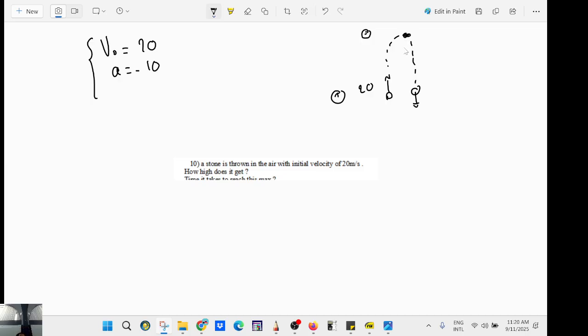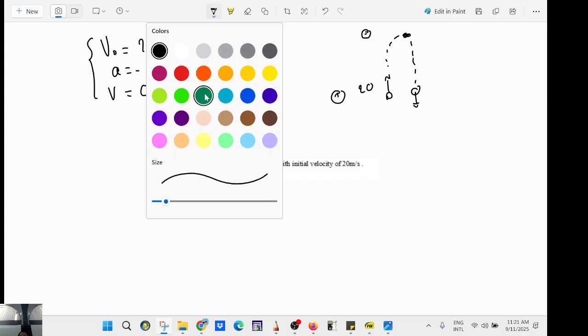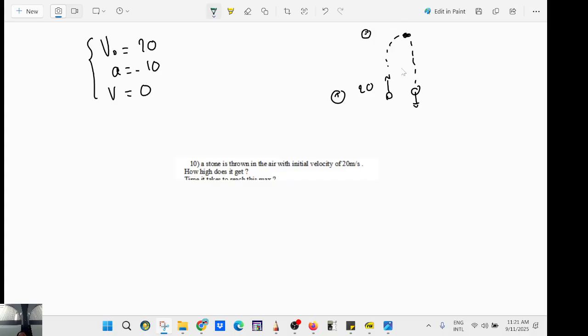Okay, so what's happening at the top? Because we have 1, 2, we are missing something. So what's so special at the top? Very good. The final velocity equals 0. You want to make sure to have 1, 2, 3. How high means the displacement, right? So initial position is 0.